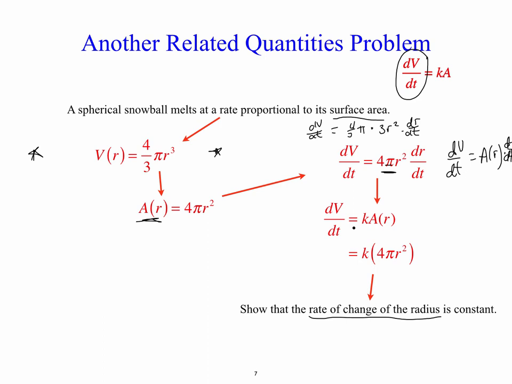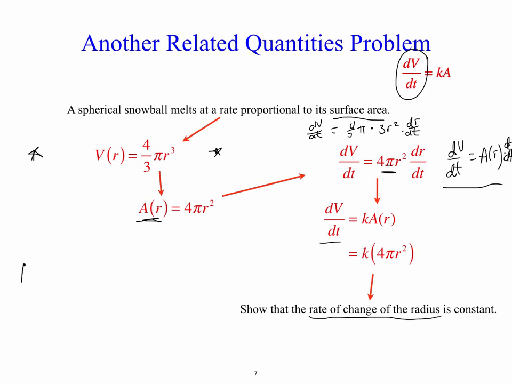But then we also knew from up here that the rate of change of volume with respect to time is proportional to the area, right? So that's where this formula comes from. If I compare these two things, I've got a formula for the rate of change of volume here, and a formula for the rate of change of volume here.